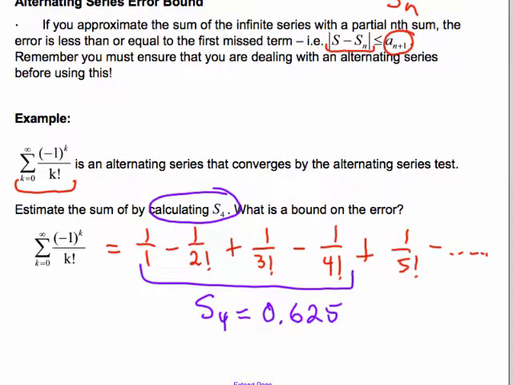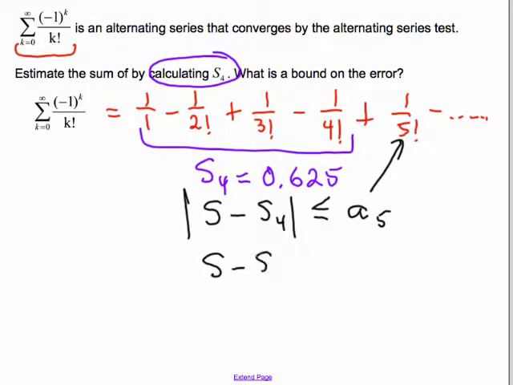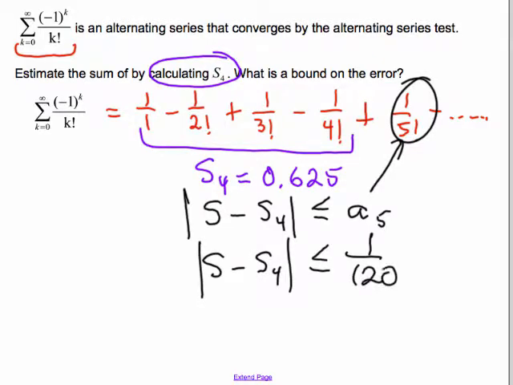And based on what we've talked about before, the error between the actual sum and my estimate is less than our first missed term, which in this case is the 5th term. In other words, our error is going to be less than this value, 1 over 120.